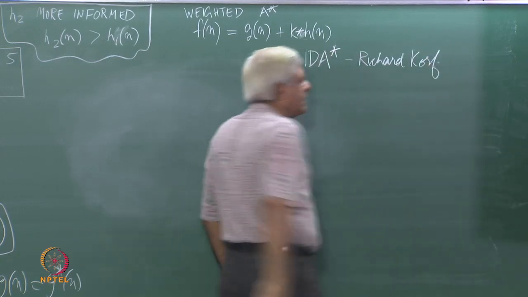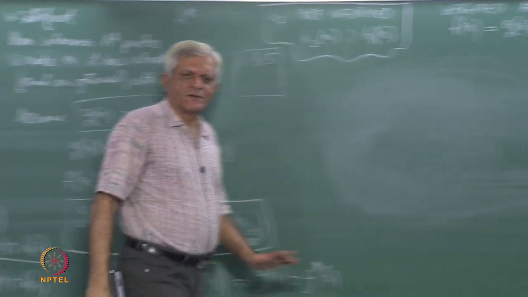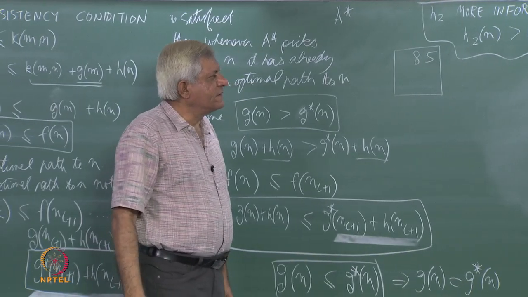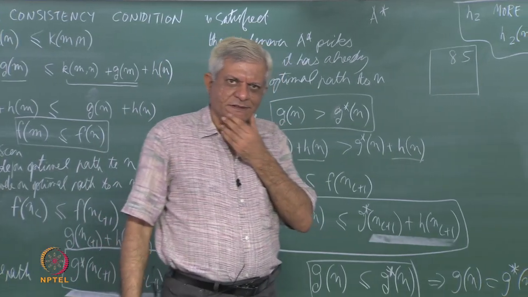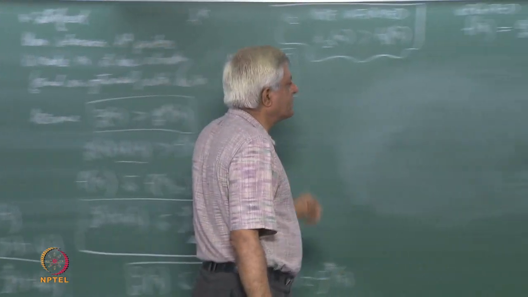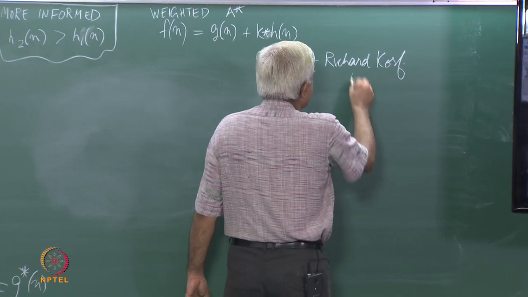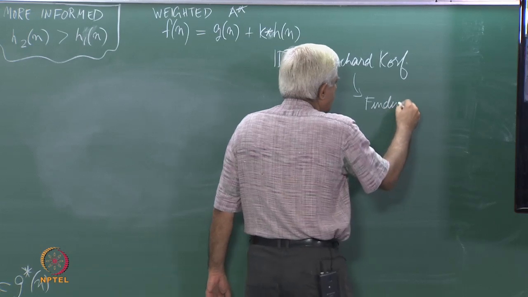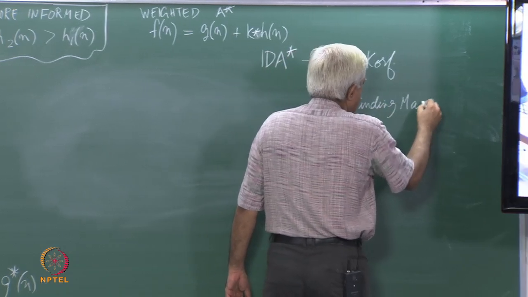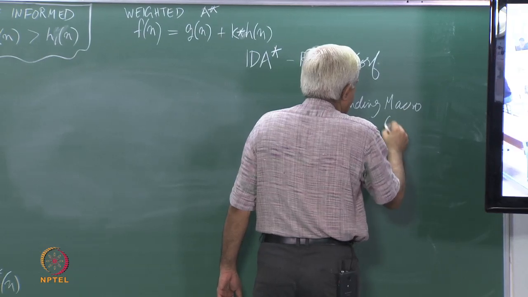I do not remember whether we have discussed Korf's work earlier, but he has done a lot of work in search essentially. His PhD thesis, which was in the early 80s, was on finding macro operators.